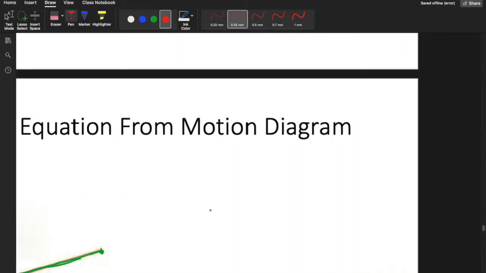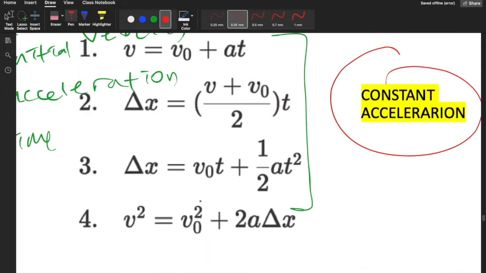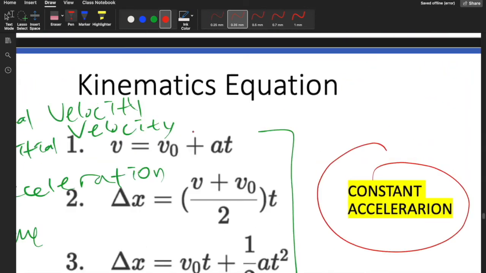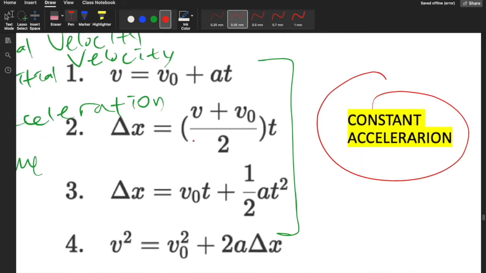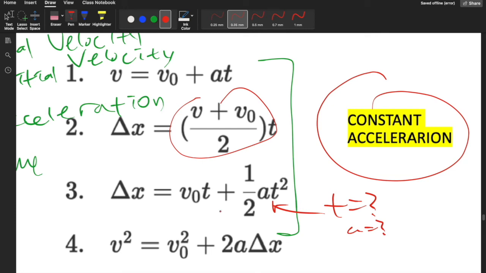So how can you know which equation to use? If you have all of those conditions, you just use this one. But if they are asking you for time or acceleration, and you have all of those conditions, just apply this equation.